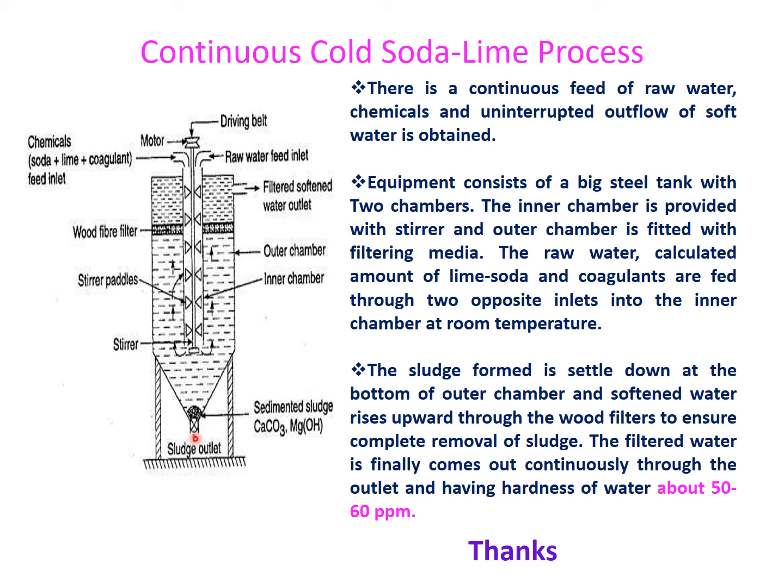Now on the top of this outer chamber a wood fiber is also fitted, so that the small precipitates or impurities forming as a byproduct will not cross this fiber filter, and the soft water will come out in this chamber, and with the help of this outlet we will collect soft water continuously.